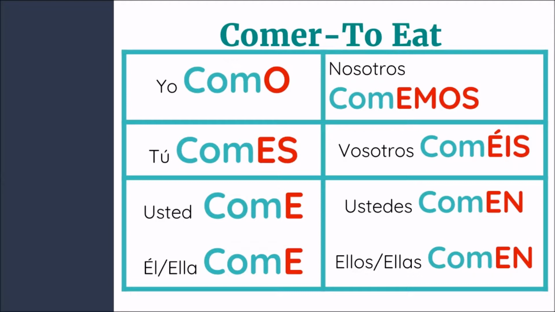Don't say ice. Coméis. Ustedes, ellos, and ellas are all conjugated the same way, just like their singular counterparts. Just add en after you take off the er. Ustedes comen, ellos comen, ellas comen. And that's it. Let's look at some more and practice.